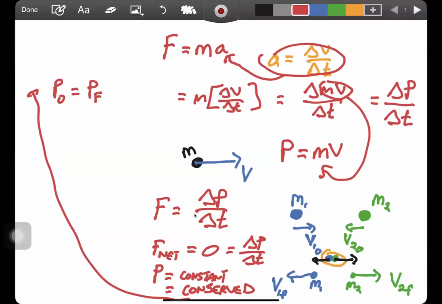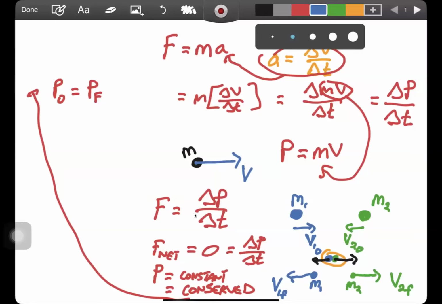So this allows us to set up problems because we can tally all the momentum at the beginning and all the momentum at the end. And we know if there were no net forces acting on the system, and forces are related to momentum, then there's no change in momentum, which means that the momentum before, when we account for all the momentum in the system, and the momentum after, must be the same. And so here's what we're going to do.